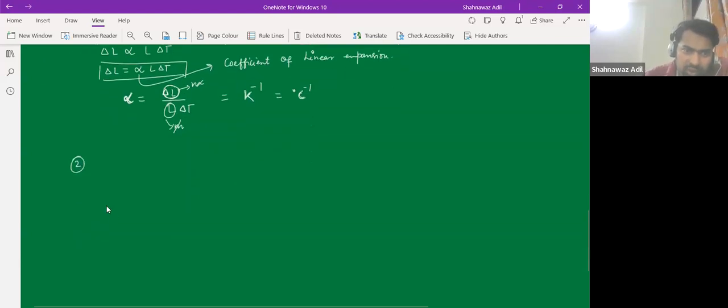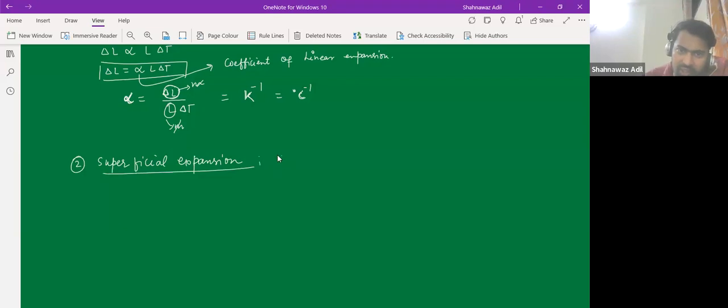In superficial expansion, if there is a change in area due to thermal expansion, that is called superficial expansion.